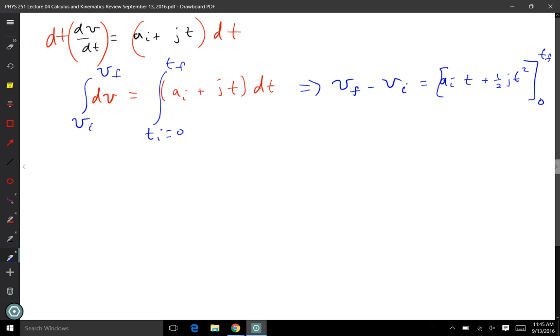Solving this for v final then. And the last step I do is relax myself to get rid of the finals now that I'm out of my integral. And so there's my speed kinematic equation for constant jerk.